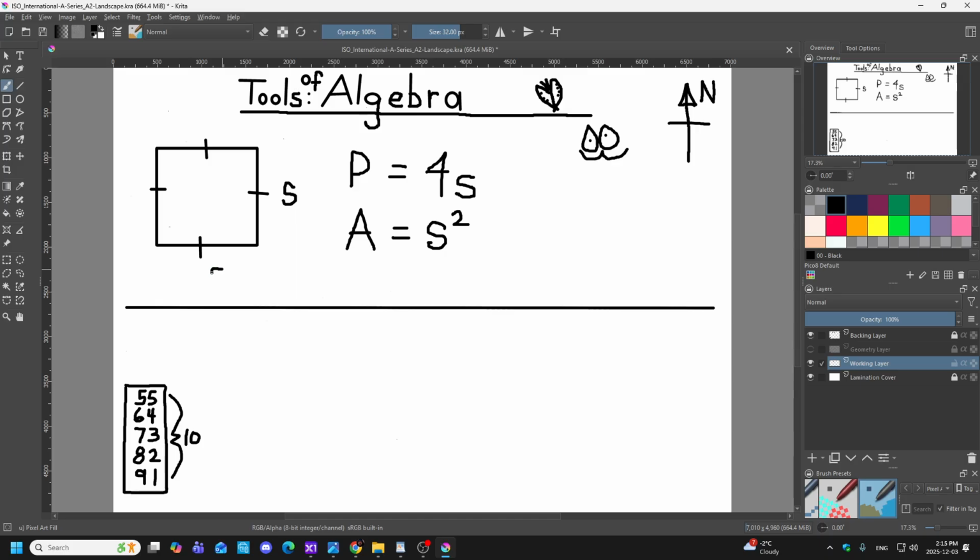Let's do this again. s is 8 feet. P, the perimeter, is equal to 4, again, we're substituting.